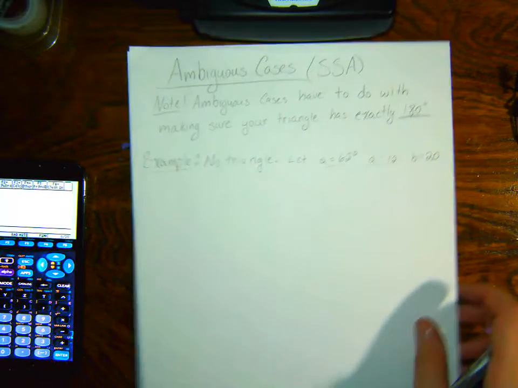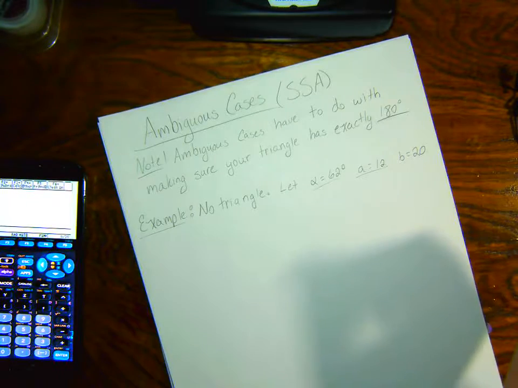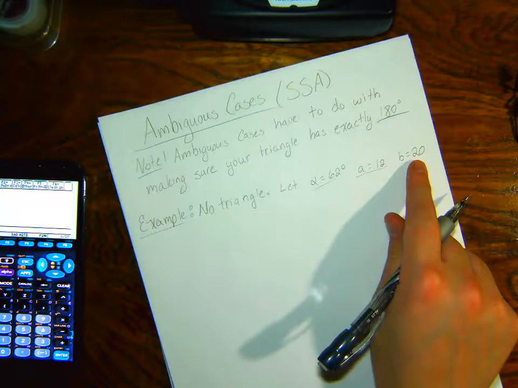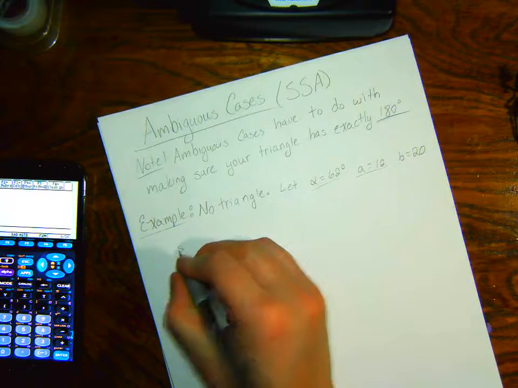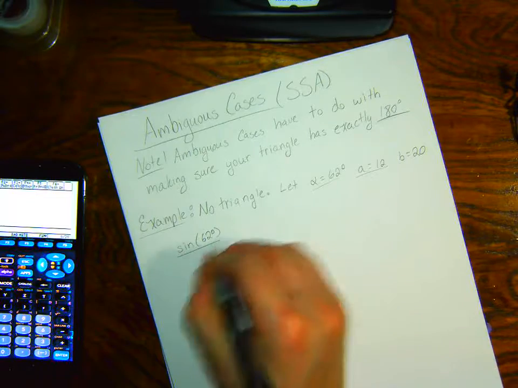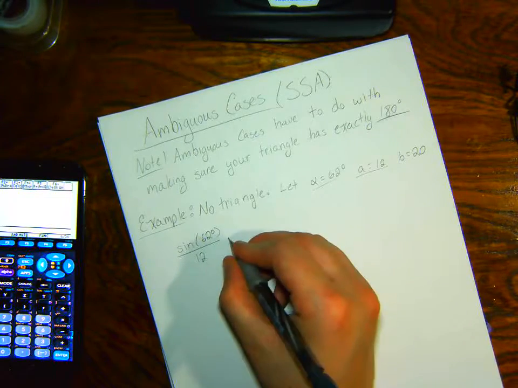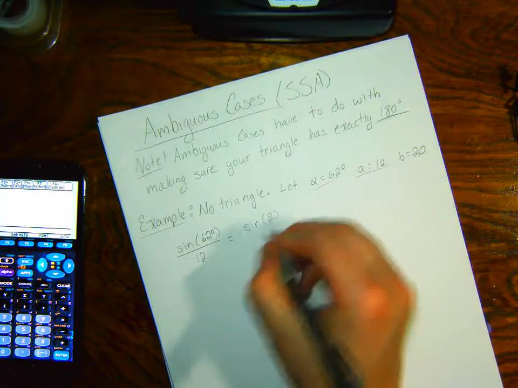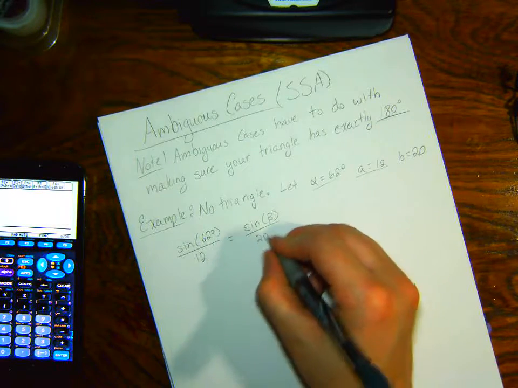Alright, so let's set this up using our law of sines. Since I want to solve for my remaining angle beta first, I'm going to set it up as sine of 62 degrees over 12 equals sine of beta over 20.